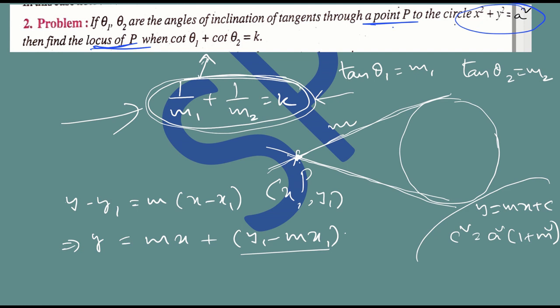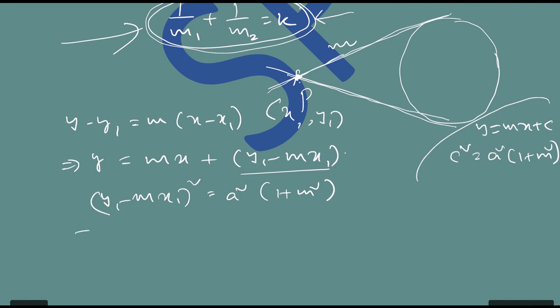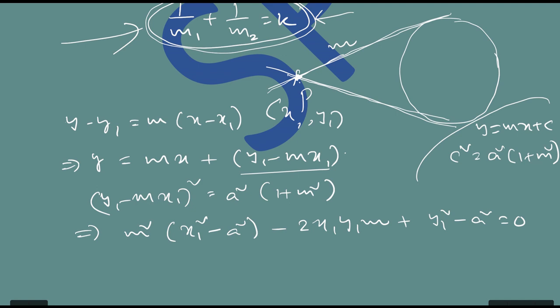So applying the condition I get c square is equal to a square into 1 plus m square. So what do you get from this? Writing it as a quadratic in m, I have it as m square into x1 square minus a square minus 2x1 y1 m plus y1 square minus a square equal to 0.